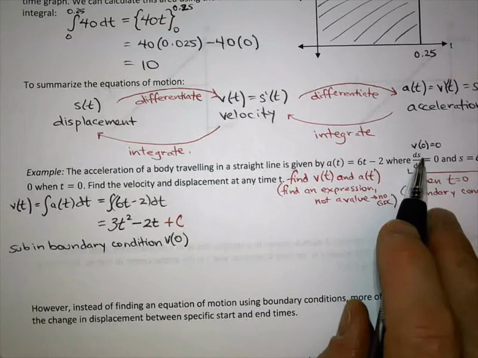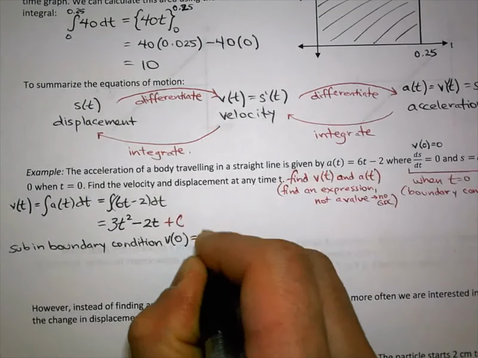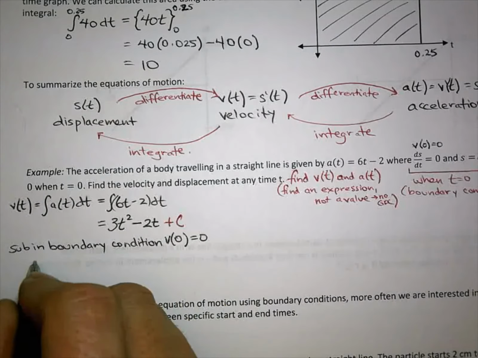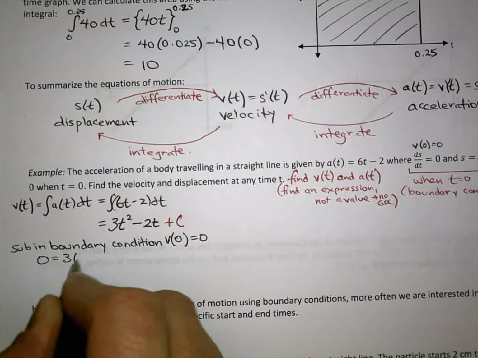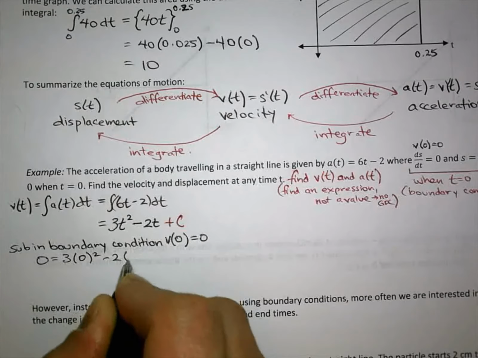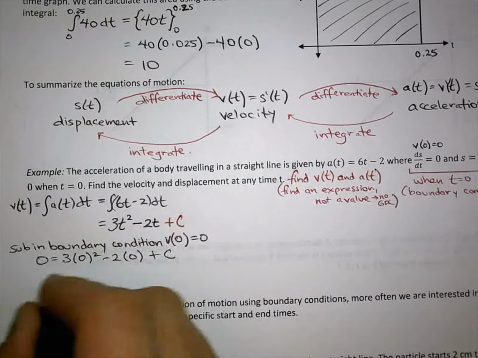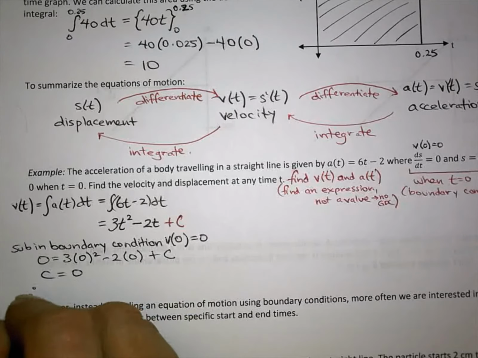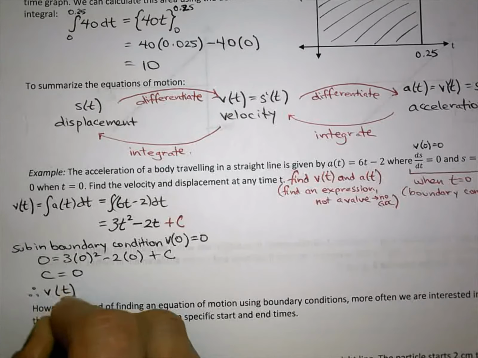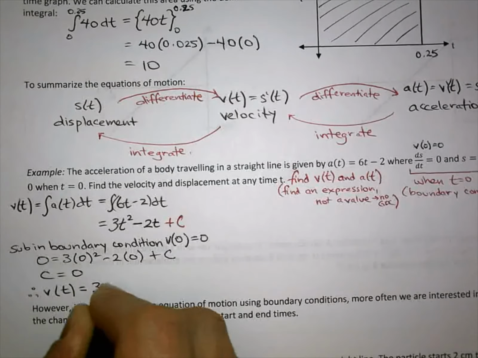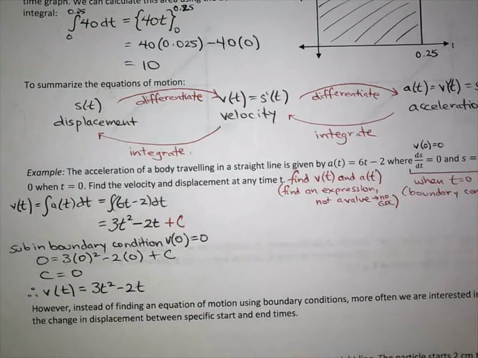So velocity at 0 is 0. So v at 0 is 0. So I'm going to sub that in. So then I get 0 is equal to 3 times 0 squared minus 2 times 0 plus c. So I end up with c is equal to 0. Therefore, v(t) is equal to 3t squared minus 2t.